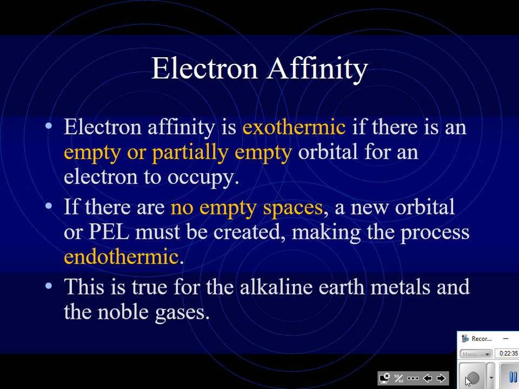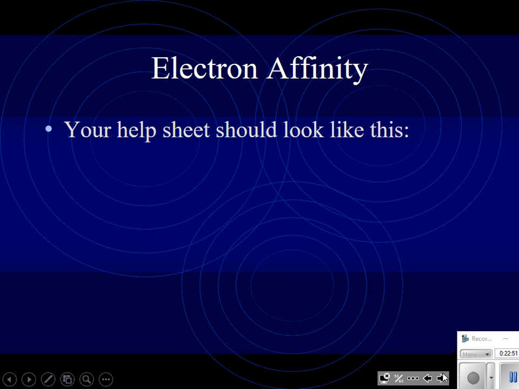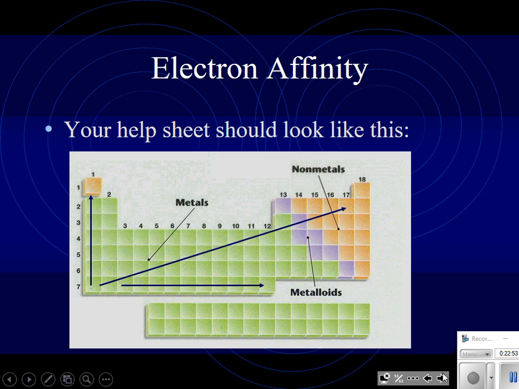That's where it's going to be endothermic. That's where that process will be endothermic if there's no room or orbitals to add electrons to. So when we have our help sheet on electron affinity, it should look as so.